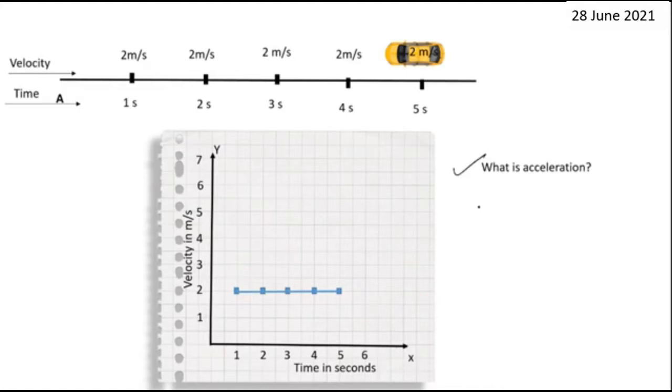Your answer should be 0, because there is no change in velocity. So please remember that when there is a change in velocity, either increase or decrease, then we can have either positive acceleration or negative acceleration respectively, right?